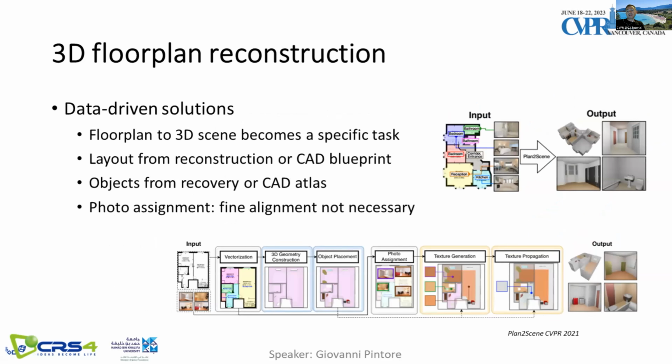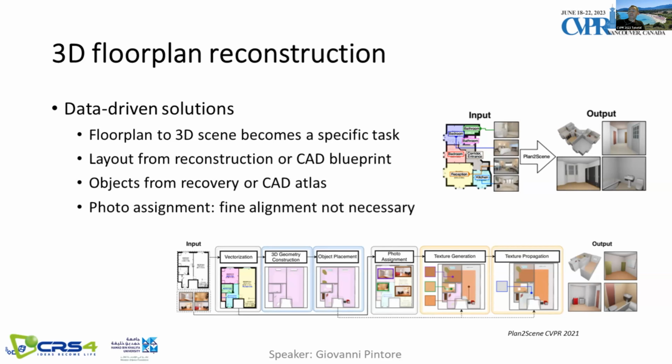Then we have data-driven techniques, so obtaining a 3D scene from the simplified layout becomes a specific topic. In this approach, we assume that we already have the 3D layout, obtained from dense or sparse coverage, single or multi-room, and we also have the aligned images.